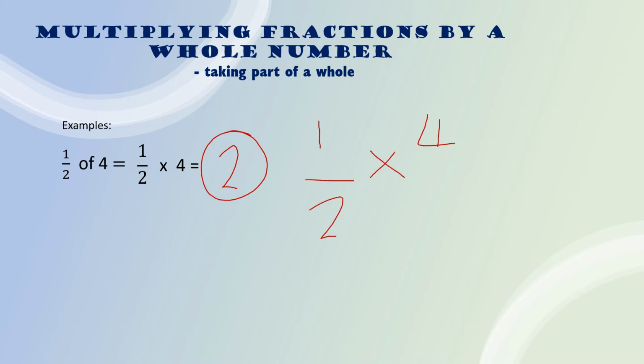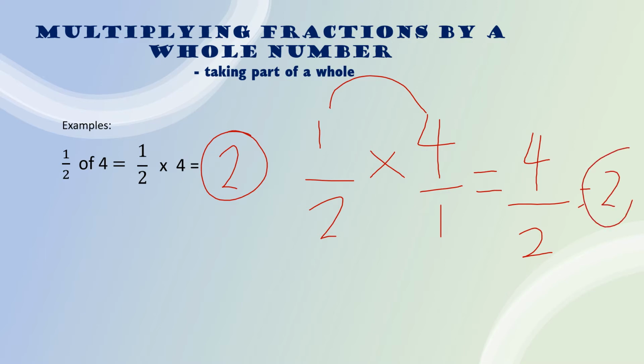If you are going to write this, every whole number has an invisible 1, because any number divided by 1 is the number itself. So now we can just multiply numerator times numerator, and 4 divided by 2, the answer is 2, which is the same as that.